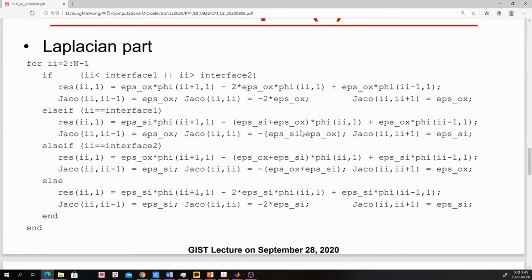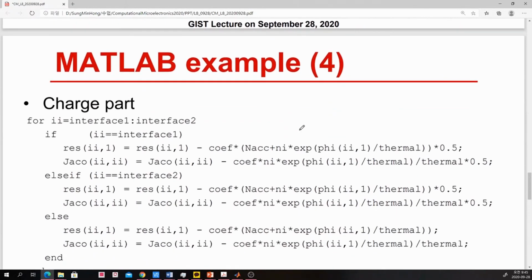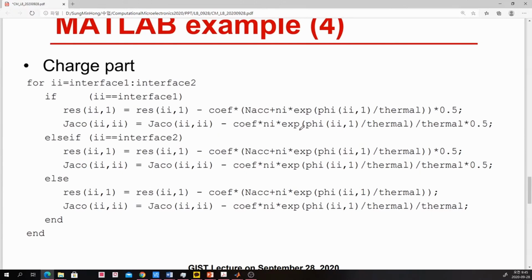And now the difference for lecture 8 actually appears in this slide, the charge part.